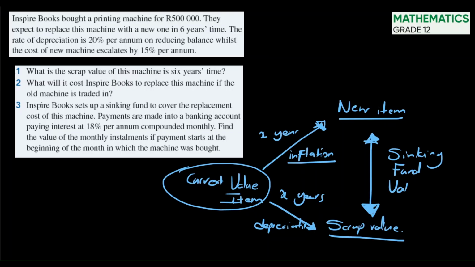Usually if you set up a sinking fund, it's a smart way of saying: I own this current car now, a BMW, but in 5 years I want to replace it, so I need to know how much it's worth new in 5 years so that I can trade in my old one, which is the scrap value, and the difference will tell me how much I need to save up as a future value to be able to afford that amount. I start saving today while I own the current car. In essence, that's what sinking fund is.